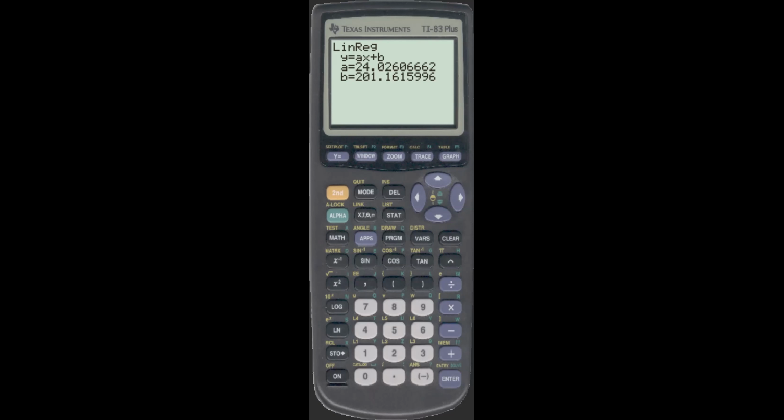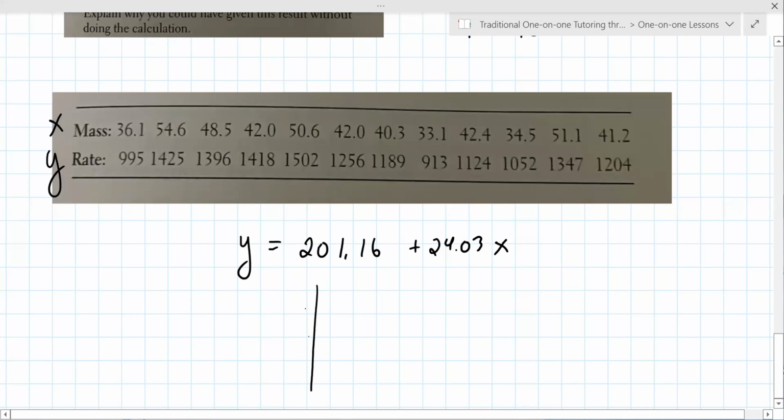Actually, let me go back to the other screen so you can see what I'm going to do. Right now, your X's are in L1 and your Y's are in L2. So we want to do Y minus Y hat in L3.